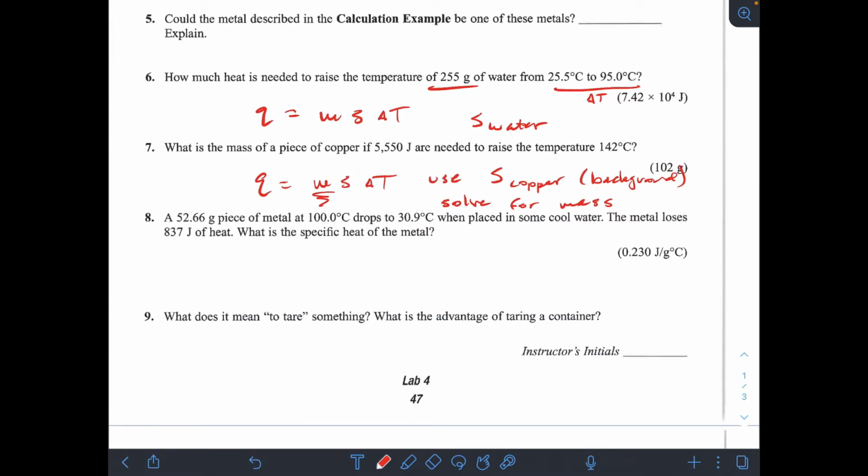Now question 8, you want to pay attention to the fact that delta T is T final minus T initial. Your T final is the 30.9, and your T initial is the 100.